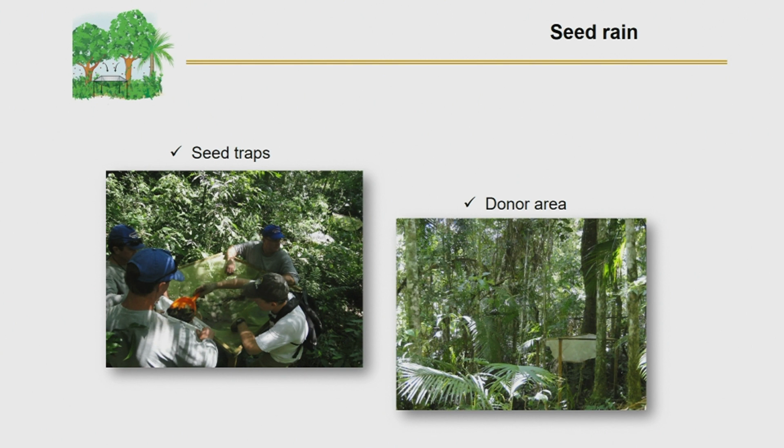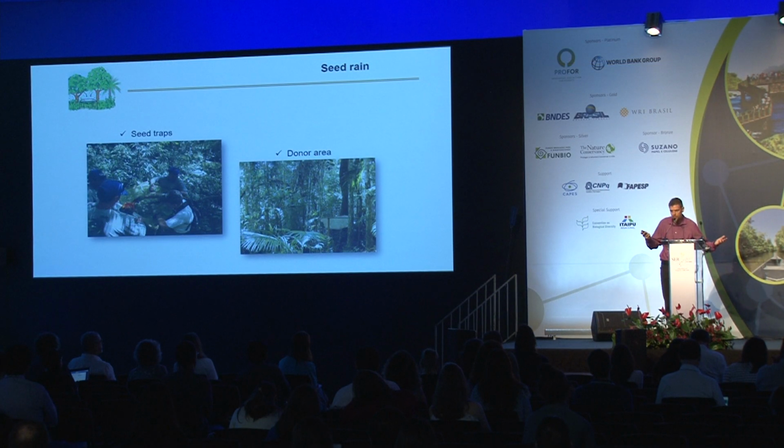The seed rain is kind of the same system, but instead of collecting the seed bank, we collect the seed rain, with different elements of a forest. We have seed traps, and every month we go to the seed traps and collect the seeds in the seed rain. The interesting thing is that as we collect every month along the year, the phenology is considered.